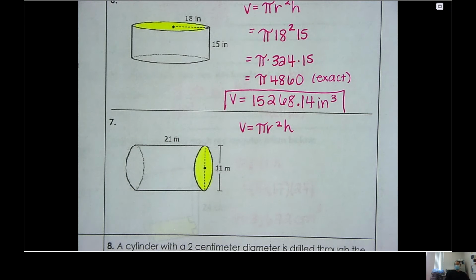Okay, what number did you get? Big or small? Big. What kind of number? What did you get?